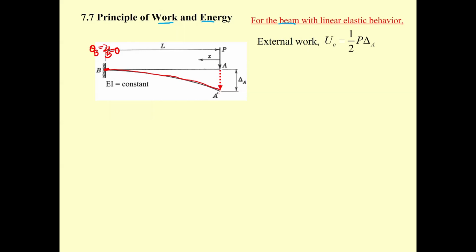At the free end, the beam is subjected to force P. If you plot a graph of P and deflection, starting again from 0 and increasing the force for linear elastic behavior, with the force P over here and delta A over here, the area under the graph is going to be 1/2 P delta A. That's going to be the external work.